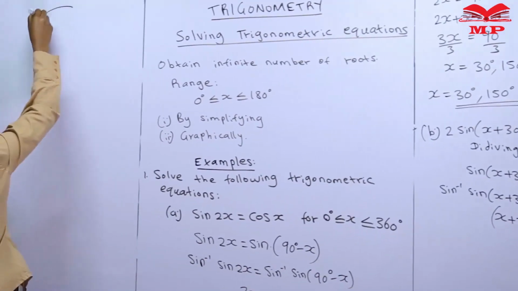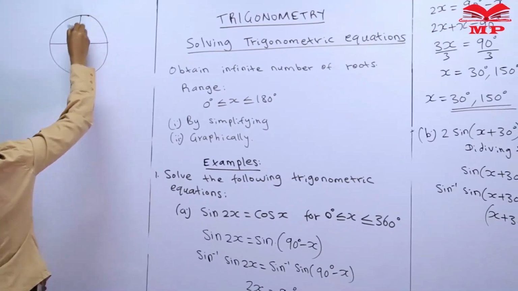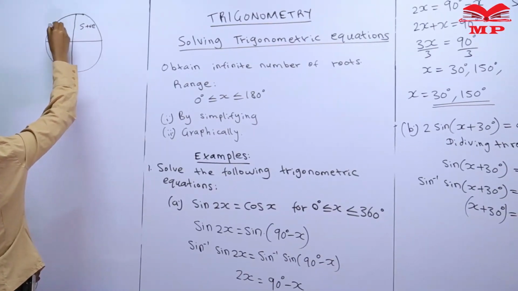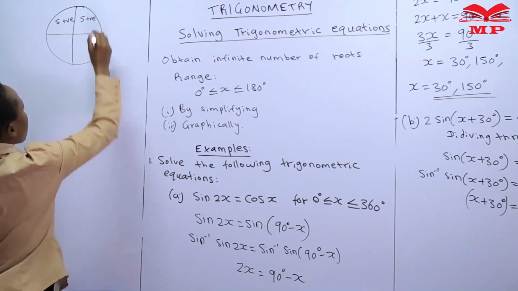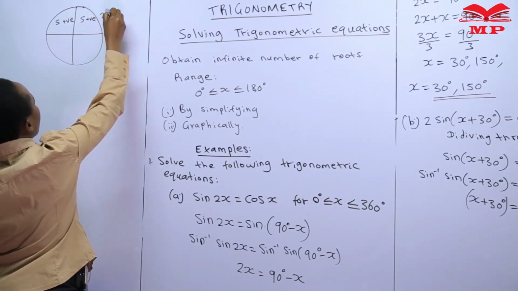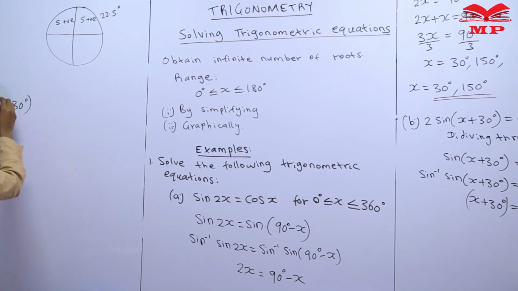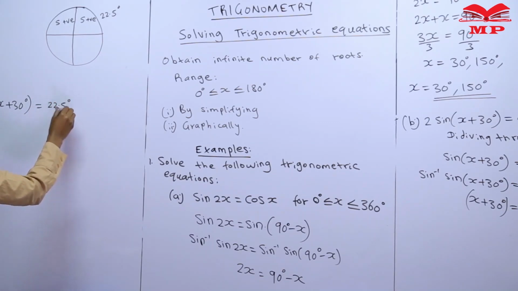Here the sine is positive, and again here the sine is positive. So we have the first angle, which is 22.5 degrees, so x plus 30 degrees is equal to 22.5 degrees.